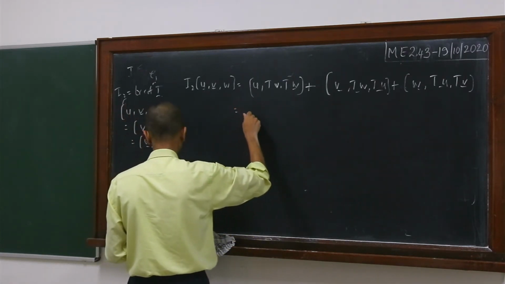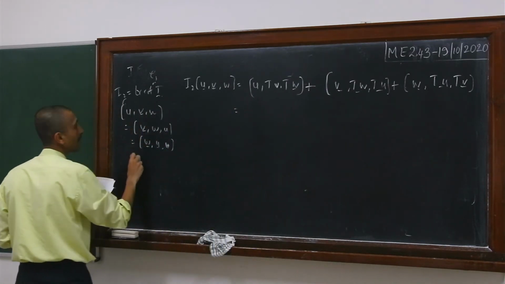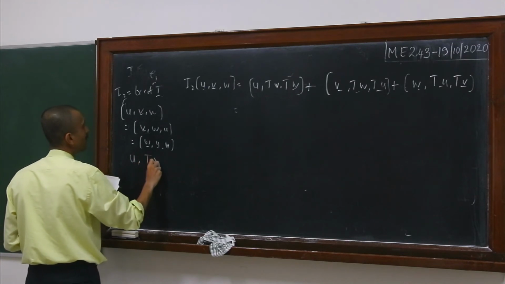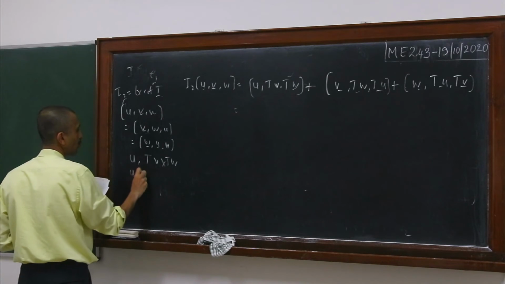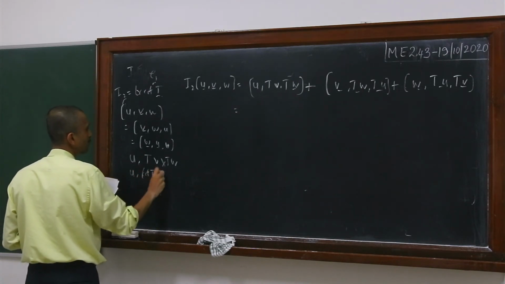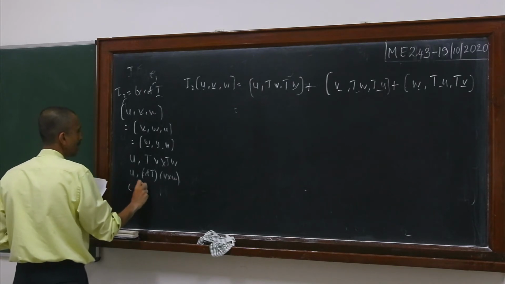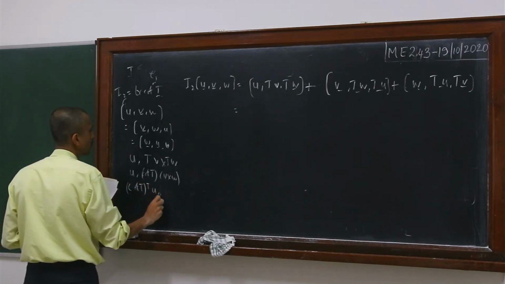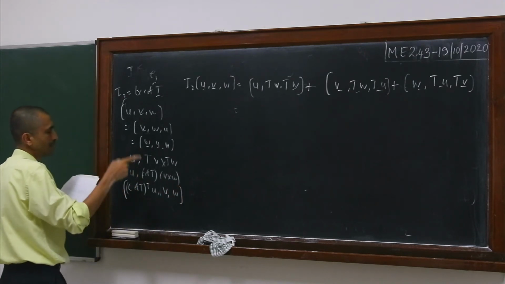So this I have already shown you, right? You can write the first term as U comma TV cross TW. So that is U comma cofactor T times V cross W, and then you can write this as cofactor T transpose times U comma V comma W. Correct? You can write the first term as this.